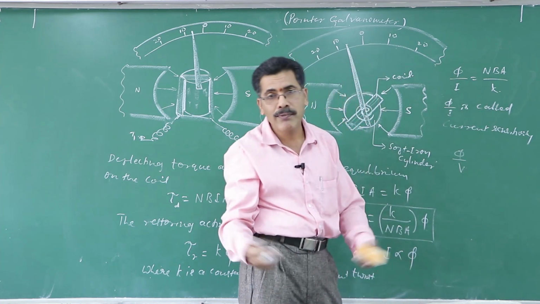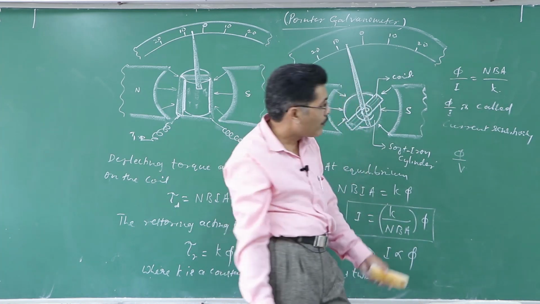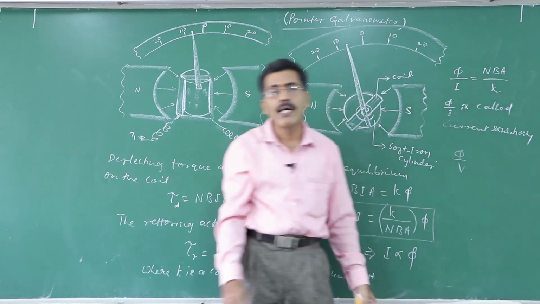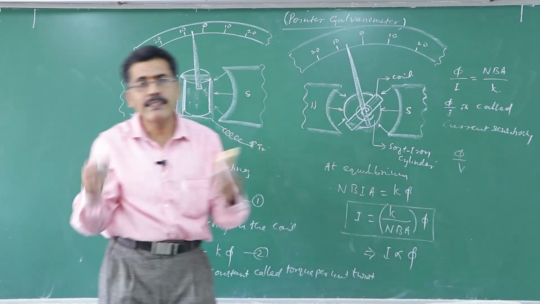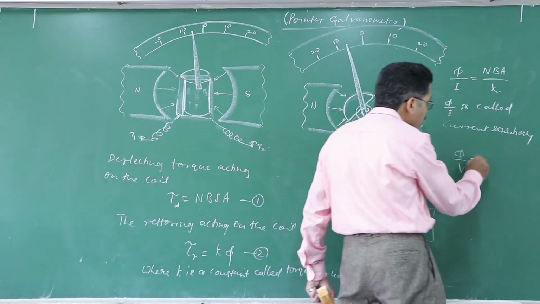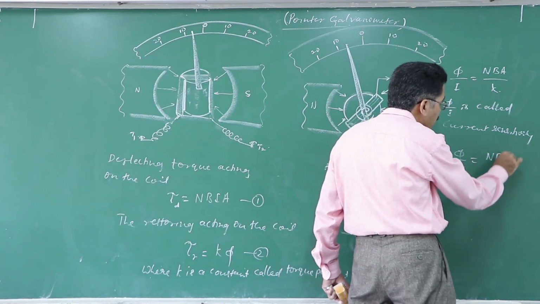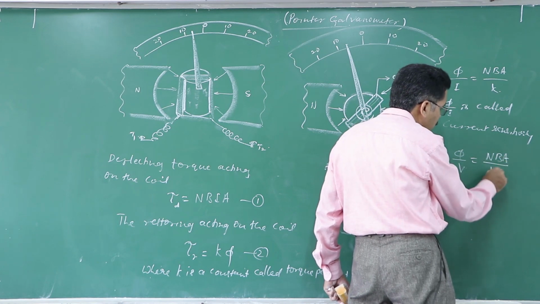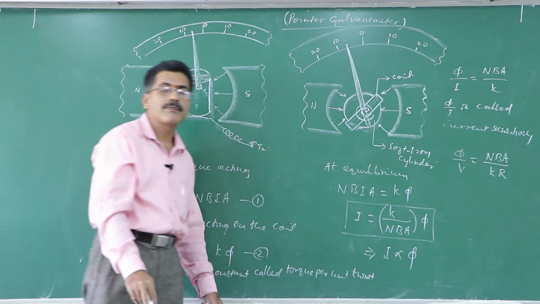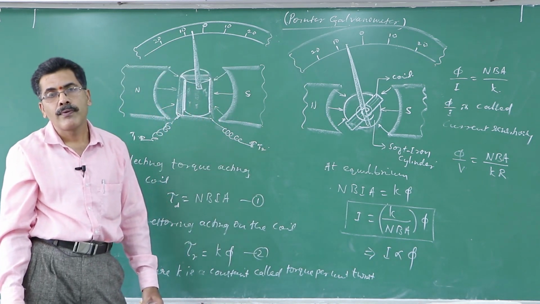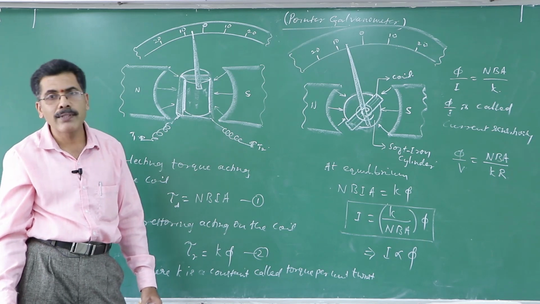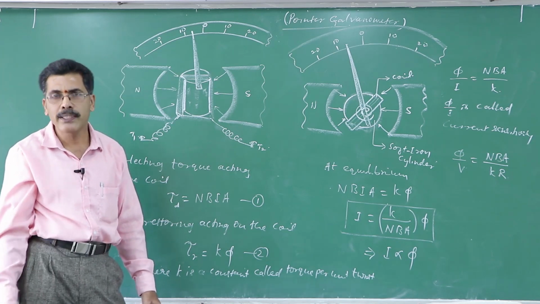Therefore, the deflection produced per unit potential difference applied across the ends of the coil is called voltage sensitivity. This is given by NBA divided by KR, where R is the resistance of the coil. If I indicate the resistance of the coil by G, then it will be G.